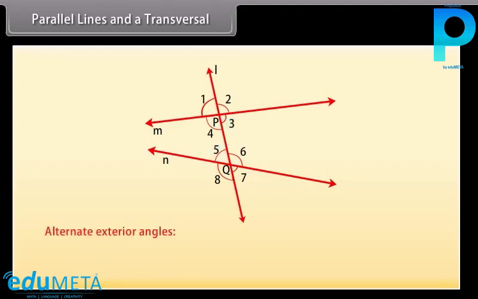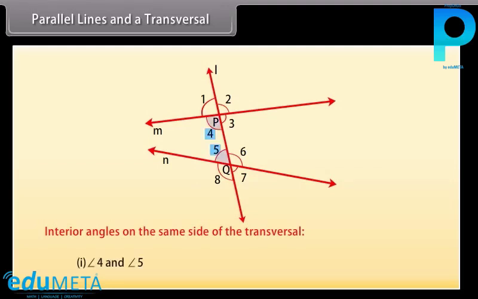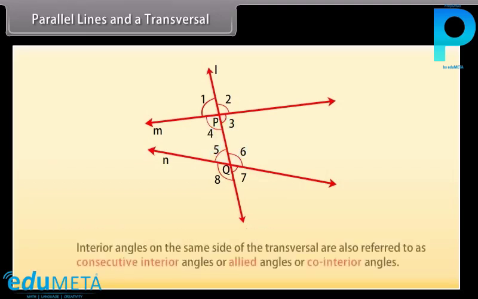Then comes alternate exterior angles, and they are angle 1 and angle 7, angle 2 and angle 8. Next is interior angles on the same side of the transversal. These are angle 4 and angle 5, angle 3 and angle 6. Interior angles on the same side of the transversal are also referred to as consecutive interior angles, allied angles or co-interior angles.